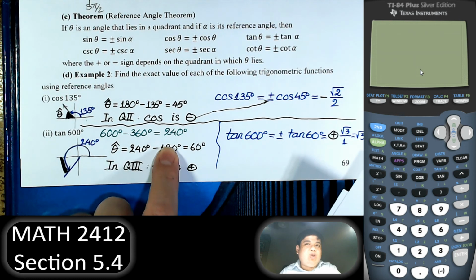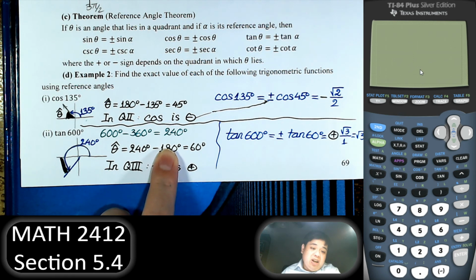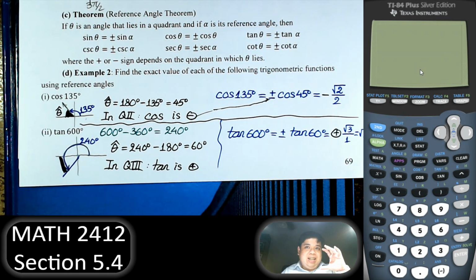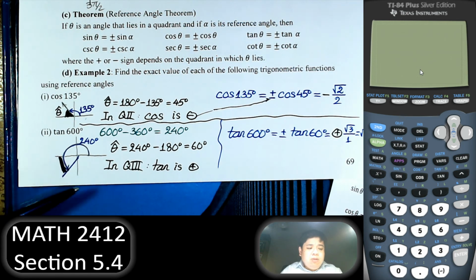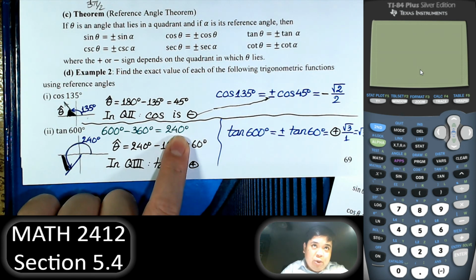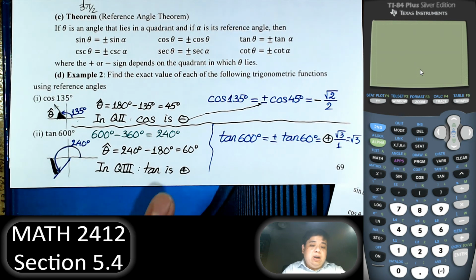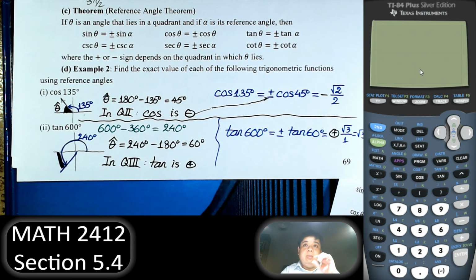Subtract 360 if it is too much, add 360 if it's negative, until we have an angle between 0 and 360, within one revolution. So get to the coterminal angle first, and then go to the reference angle, and then the trig function values will be the same. We only need to determine if it is positive or negative.